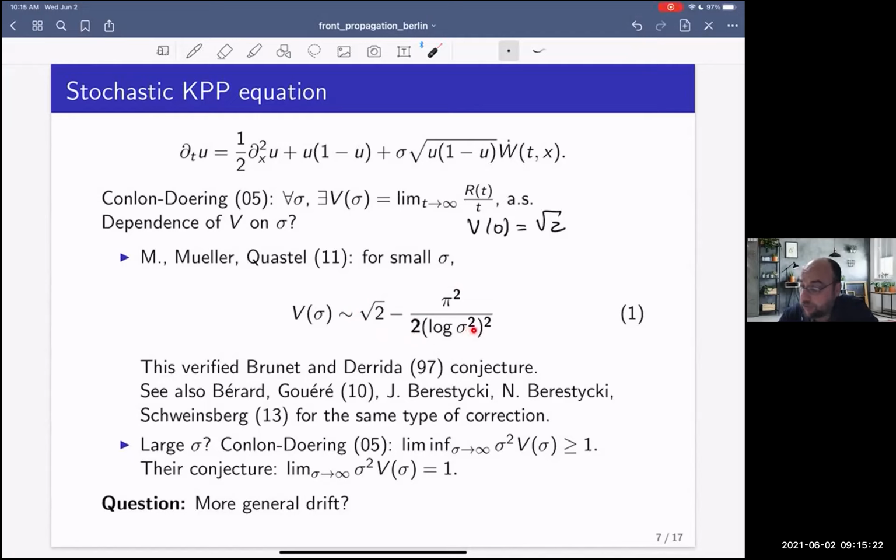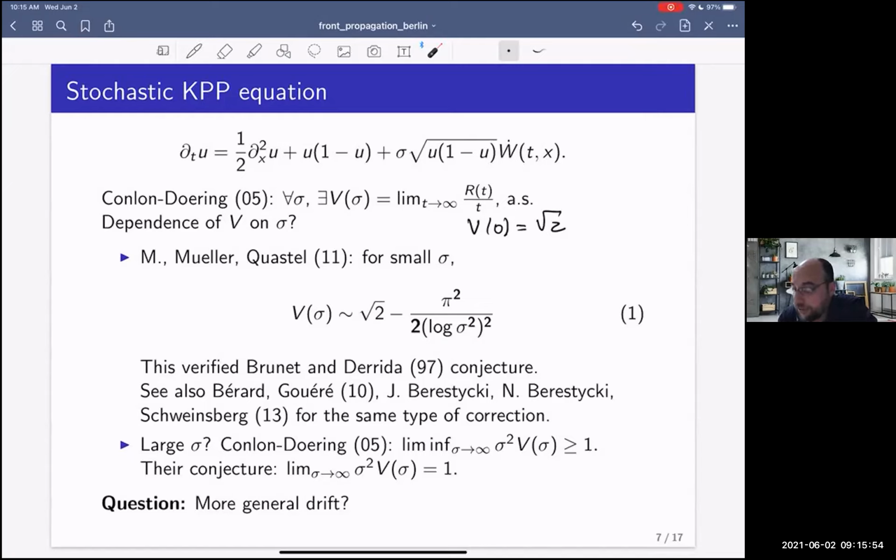As sigma goes to 0, this correction goes to 0, and we are left with the speed for the deterministic equation. There is also one more term here, and we know the order of this term, but not the specific constant in front of it. But I just write the asymptotics until this first term.